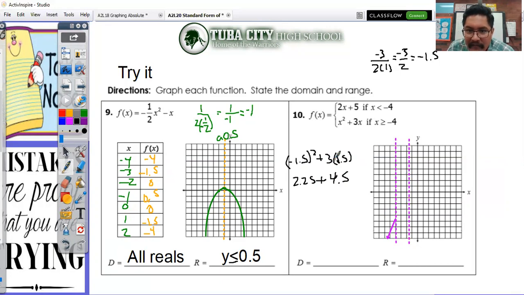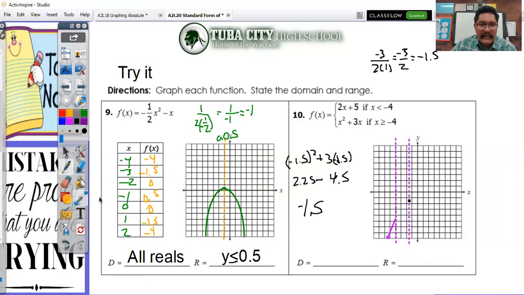Oh, it's supposed to be negative. Sorry, that would mean that this would be a minus as well. So minus 2.25, and I would end up with the vertex being at negative 1.5. So that should be my vertex there.